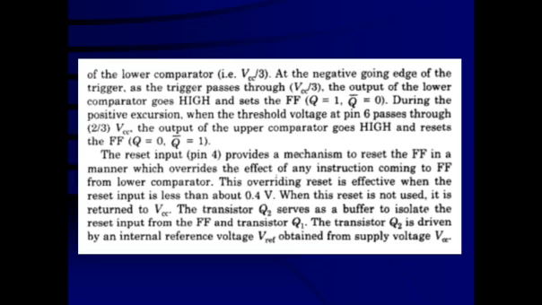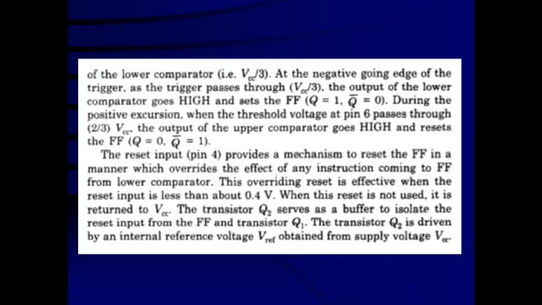At the negative going edge of the trigger, as the trigger passes through VCC by 3, the output of the lower comparator goes high and sets the flip-flop. That is, Q is equal to 1 and Q bar is 0.